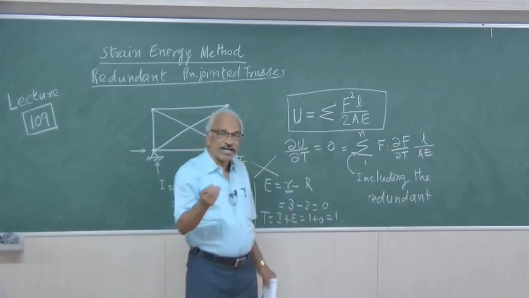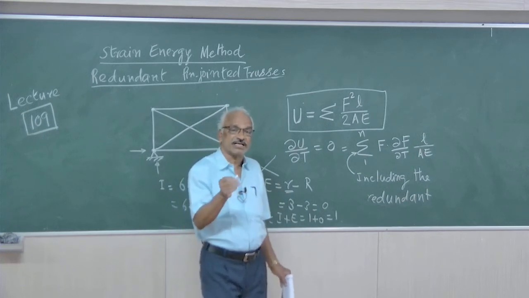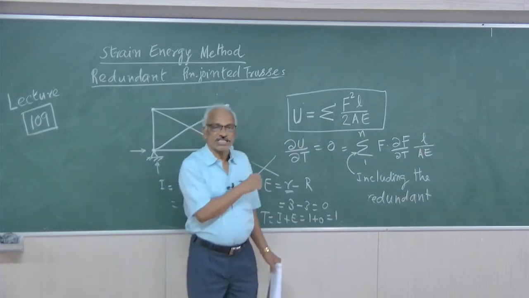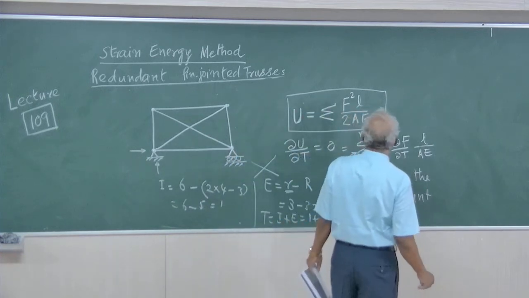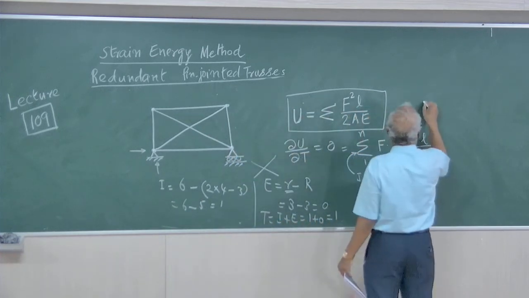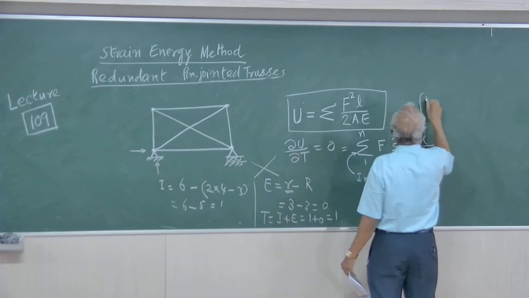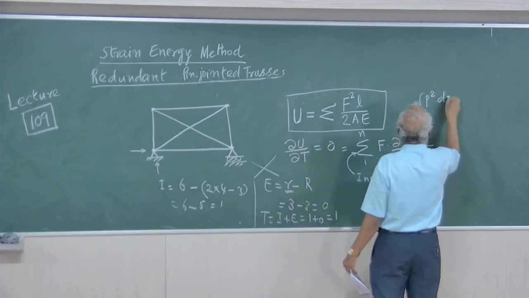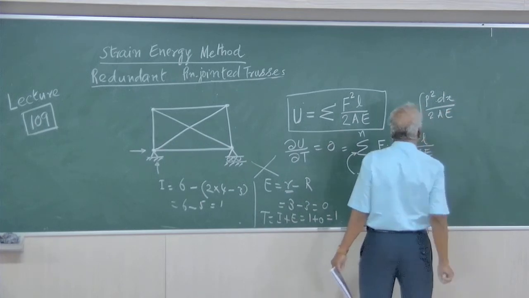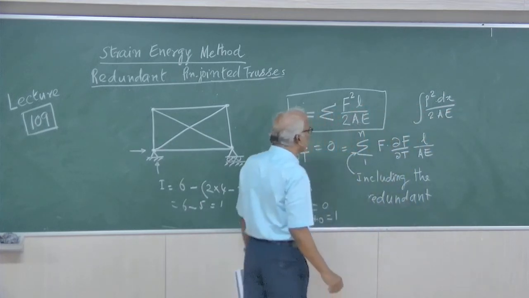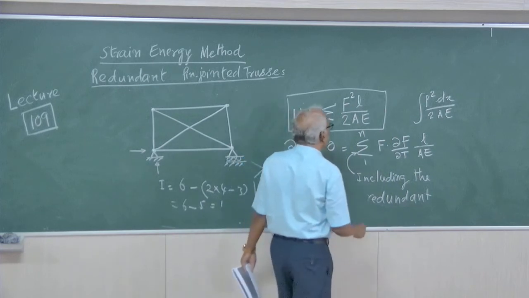In the case of bending, we used EI, which is the flexural rigidity. Maybe we discussed earlier, it is P square dx by 2AE. This is the formula we discussed at the beginning. Here we have integrated from 0 to L.